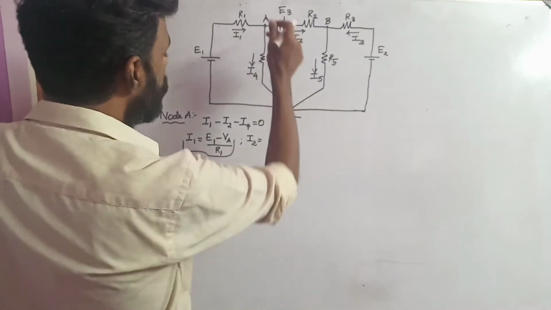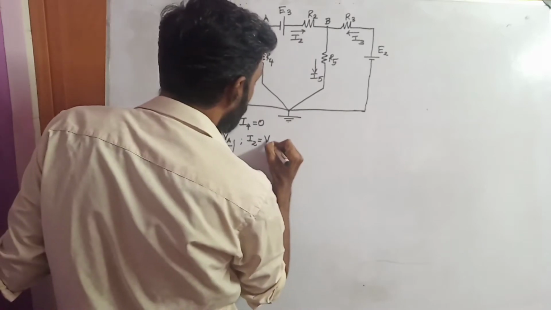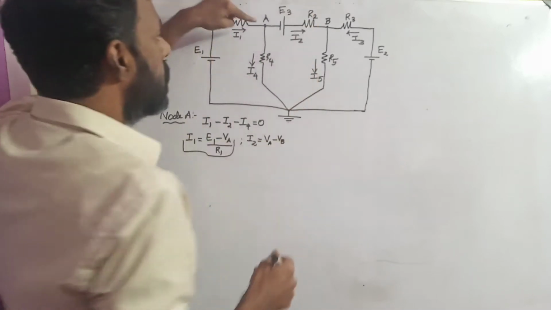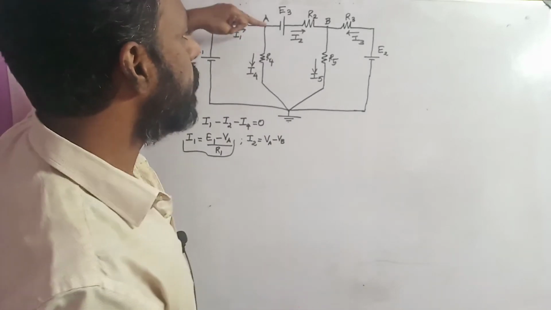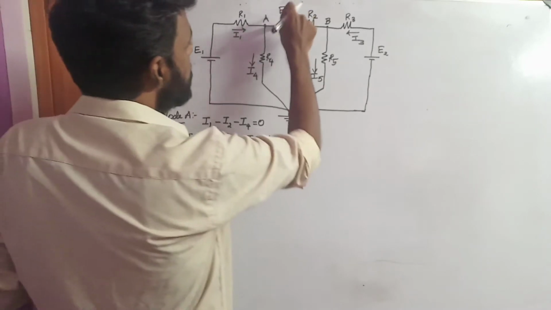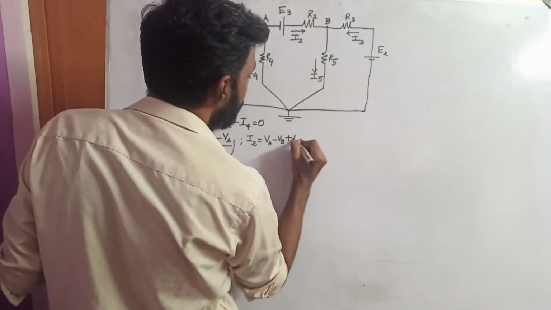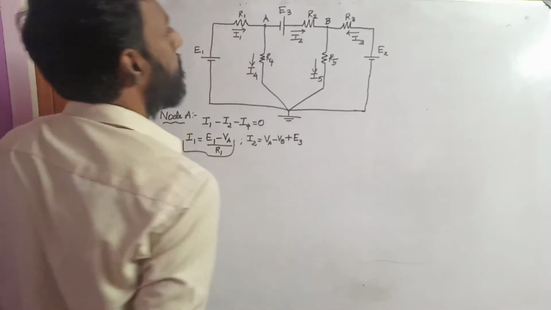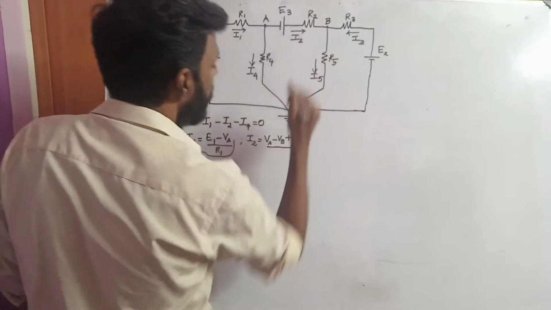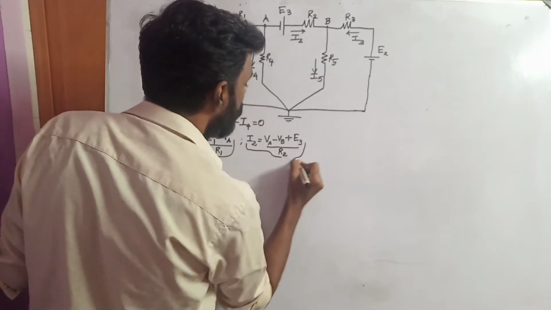So I2 will be VA minus VB, and the current is flowing from the negative terminal to the positive terminal of the battery. So this EMF E3 should be taken as positive, plus E3, divided by the resistor R2. So this is the value of I2.